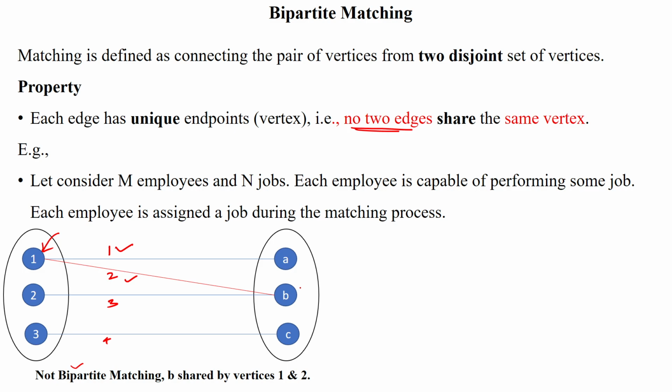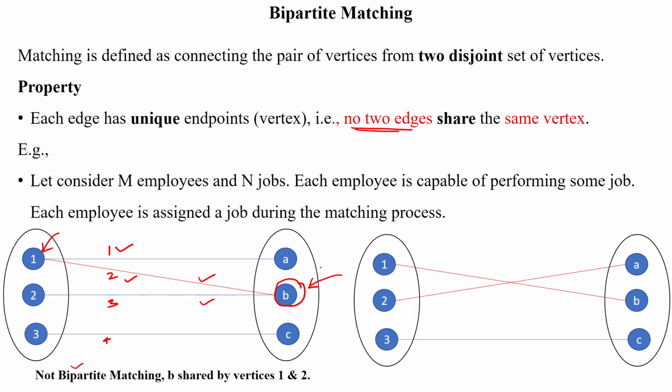Like that, a vertex of V2 has two edges. That means B is shared by edges 2 and 3. So this is also another reason to say this is not a bipartite matching, right? The graph is a bipartite graph, but it is not a bipartite matching.